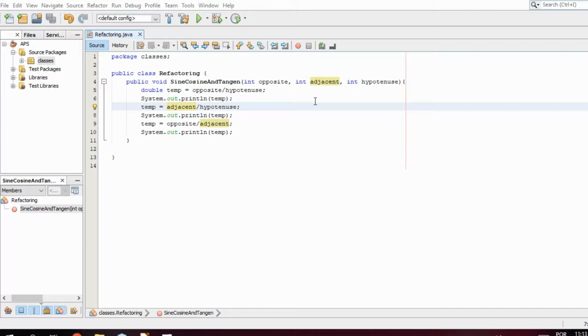What is the problem with this method? You see, we have a local variable called temp that's being used to store different values throughout our code that have totally different purposes. And what is the problem with that?